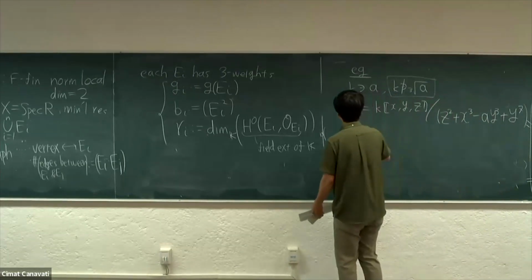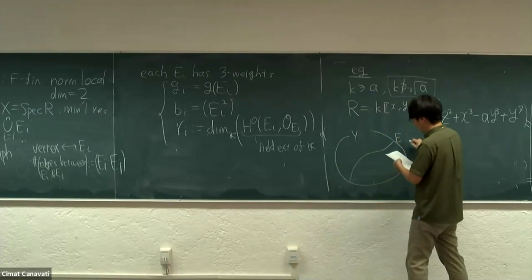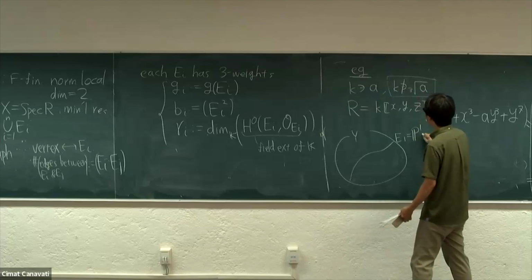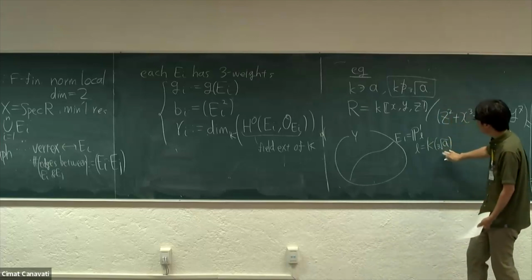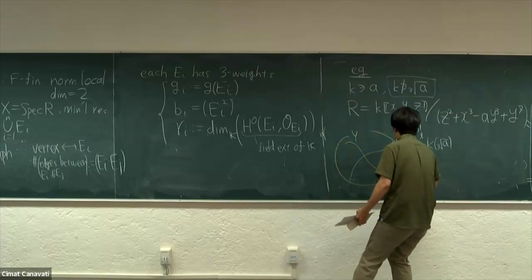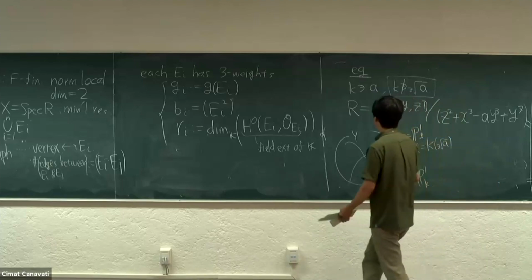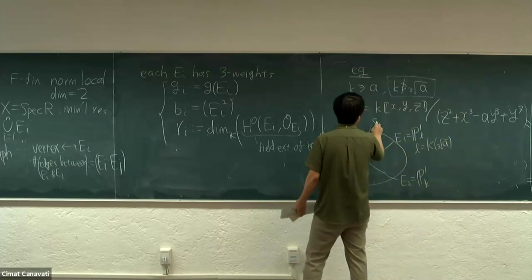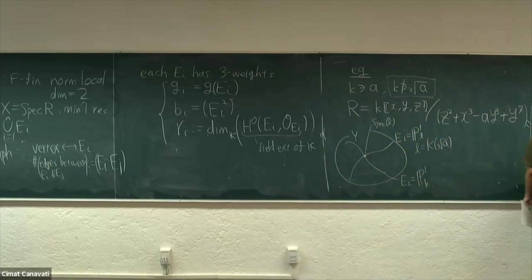Then the minimal resolution is like this. So there are two exceptional curves. One is P^1_L, where L is the extension of K adding this element. And the other is just P^1_K. And the intersection is the scheme theoretic intersection, like Spec L. So this is the situation of this example.